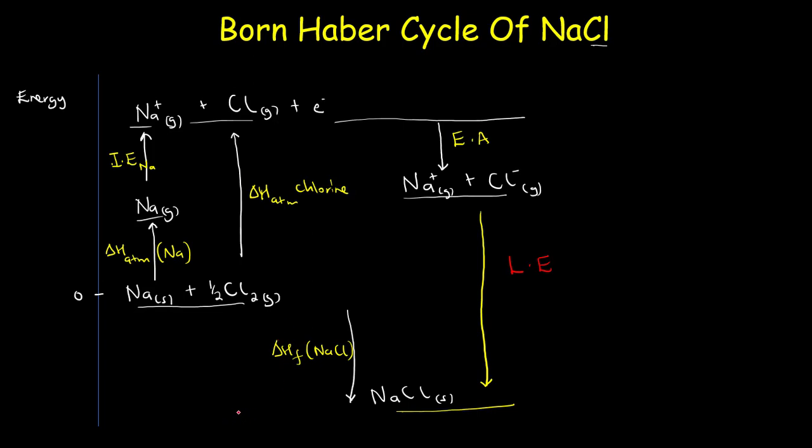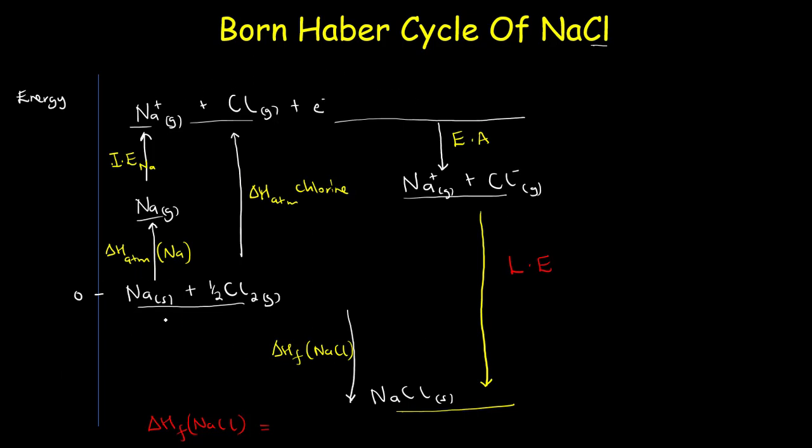If you want to find a given value of maybe the lattice energy, enthalpy of electron affinity, ionization energy, and so on. So basically our enthalpy of formation of our sodium chloride is going to be equal to the following. So this is the anti-clockwise direction, this one here. Is going to be equal to the indirect route that we have just seen, the clockwise one.